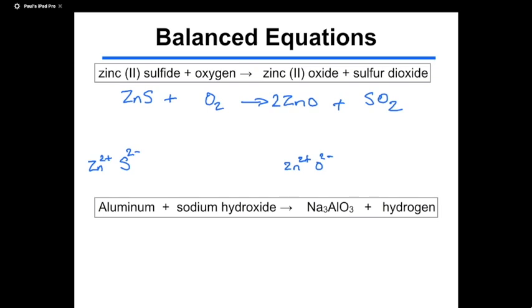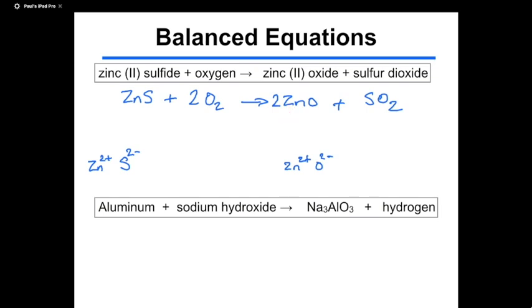So now, how many oxygens are in the products? There's a total of 4. Could I make this 4? Yes. By putting a what? A 2. And I'm all done, yes? No. What was the first thing I put on here? What number I wrote first? 2 right here. Did that have a consequence? What did I change? Not only oxygen, zinc.